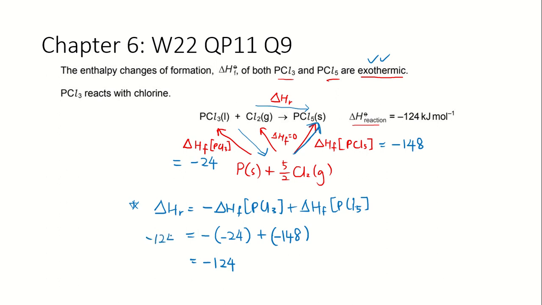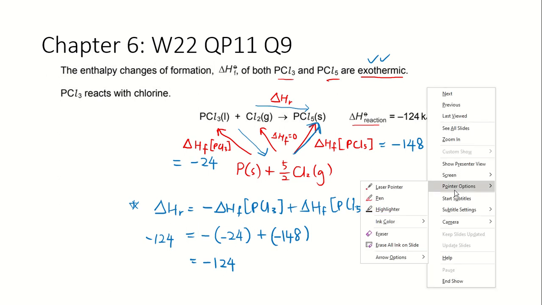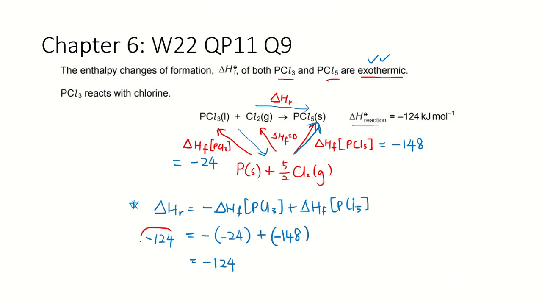But we are supposed to compare these two values: which is more negative, delta HR or the enthalpy change of formation of PCl5.